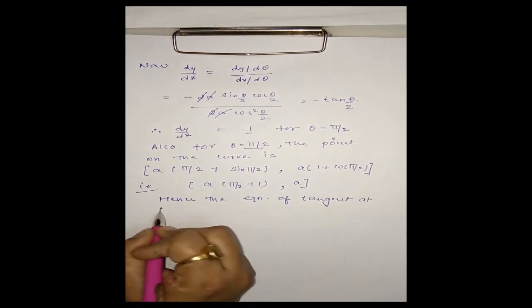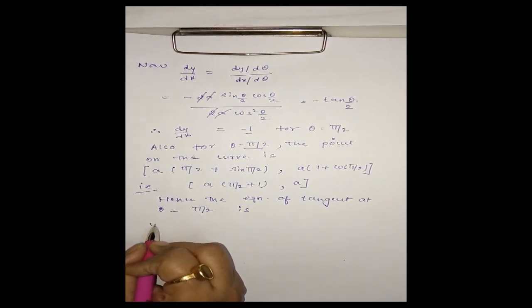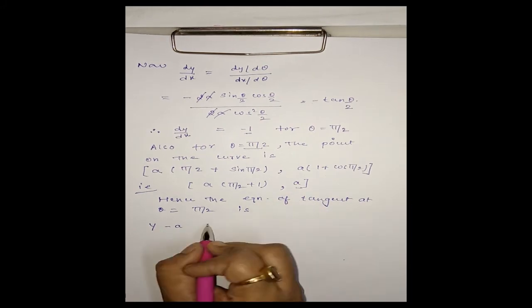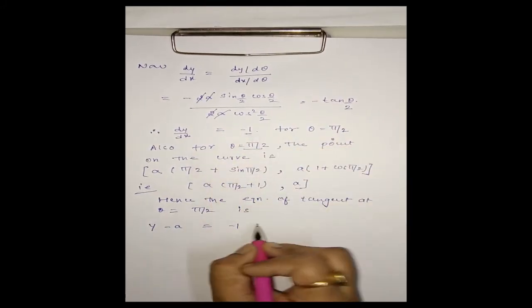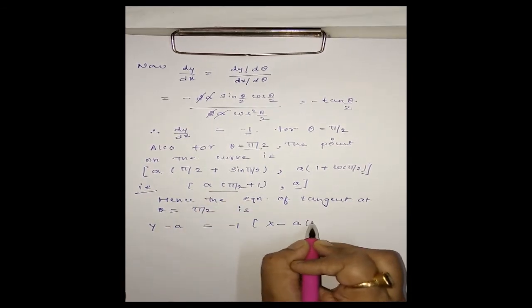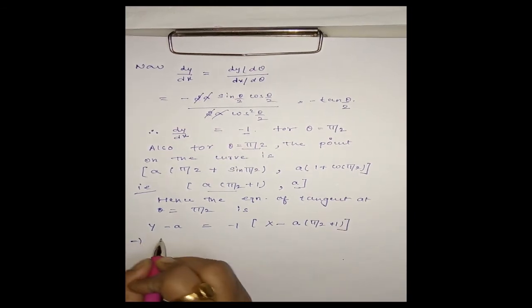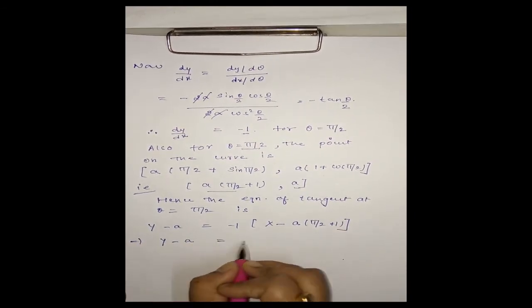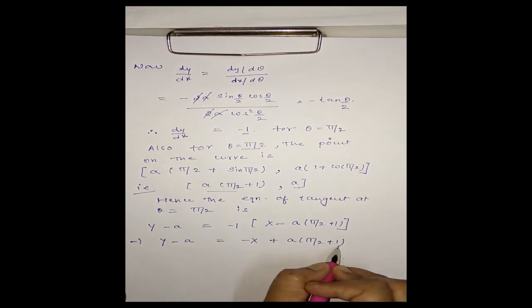Hence the equation of tangent at θ equal to π/2 is y minus a, this point, is equal to minus 1 (dy/dx) into x minus a(π/2 + 1). That is, y minus a is equal to minus x plus a(π/2 + 1).